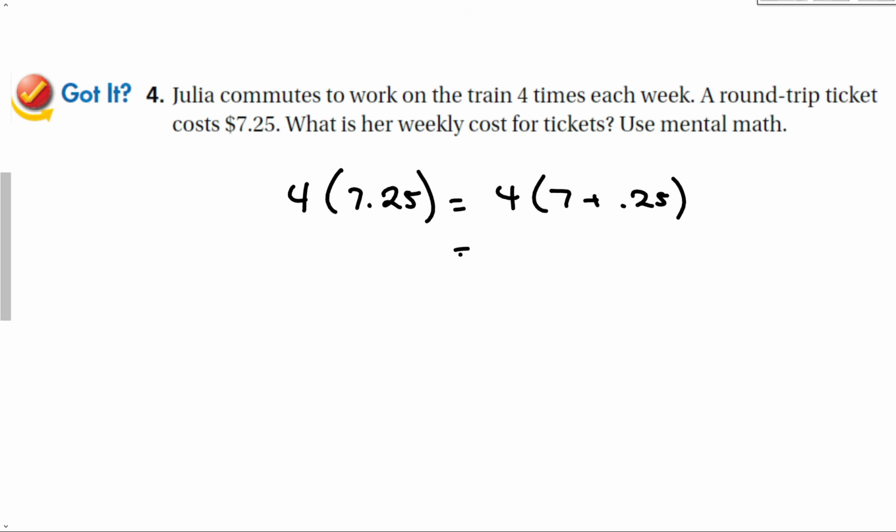So 4 times 7 is going to be 28 bucks, plus, if I can think of quarters, 4 quarters, 4 times 0.25 is $1. So this is going to be $29 for her round trip ticket.